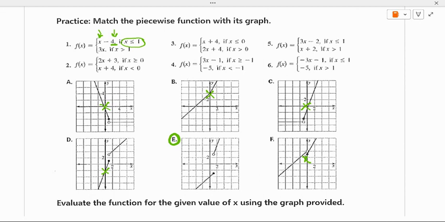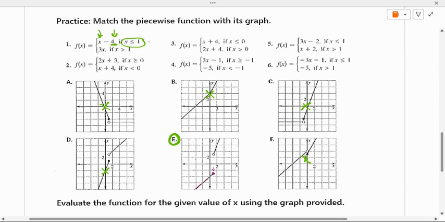I want to prove it, right? So I know that the piecewise function for number 1 has a domain restriction x is less than or equal to 1 for all f of x equals x minus 4. So I cross at -4. I have a slope of 1, and this is for all x that are less than or equal to 1.